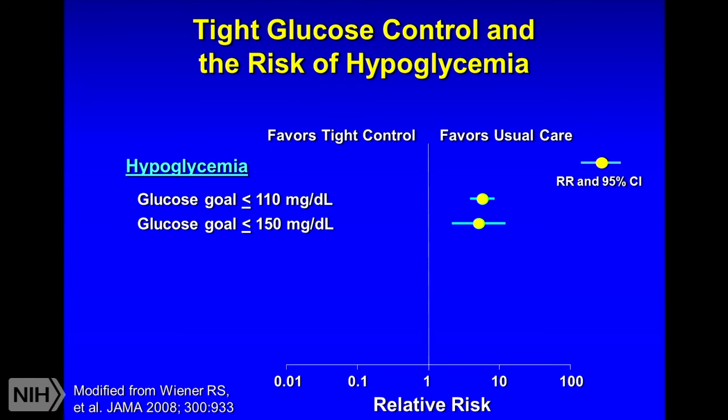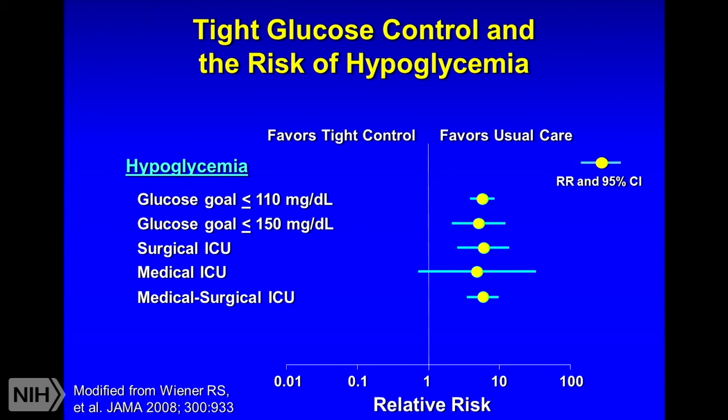If you kept it less than 150, you still got hypoglycemia, and this is sugars less than 40. Surgical ICUs, medical ICUs, med-surgical ICUs, it was hypoglycemia. Overall, the I-squared is 0. What happened in these studies is there was a risk of hypoglycemia, which made the outcome worse.